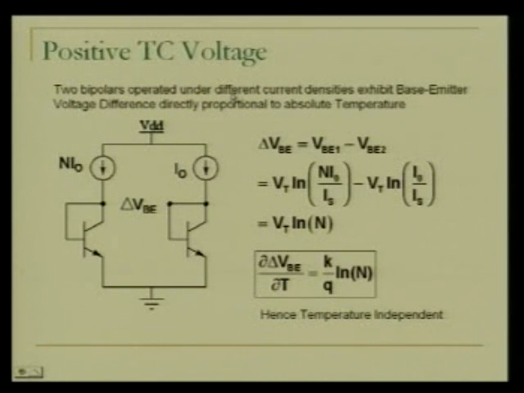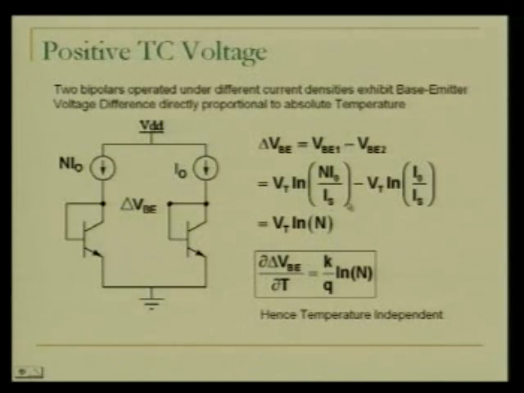In connection, there is one more term that is called positive temperature coefficient. This states that if two identical BJTs are biased at two different currents, and if we assume the base currents are negligible, then the difference between their base emitter voltages is a function of temperature.